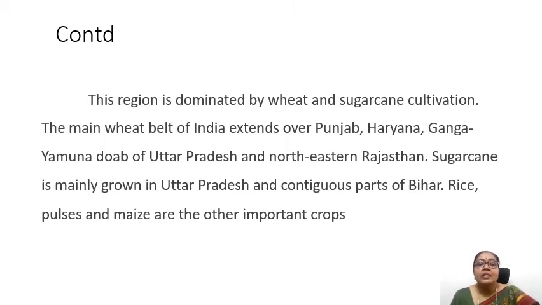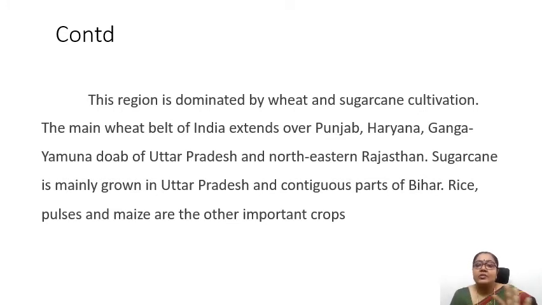The main wheat belt of India extends over Punjab, Haryana, the Ganga and Yamuna areas, and northeastern Rajasthan. We know how wheat production saw a huge rise in the quantity produced because of the Green Revolution.